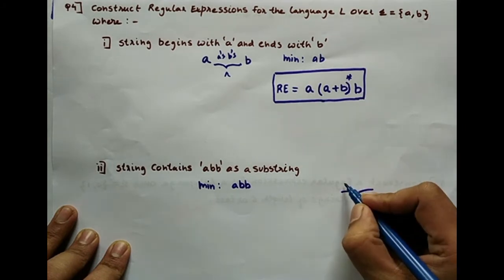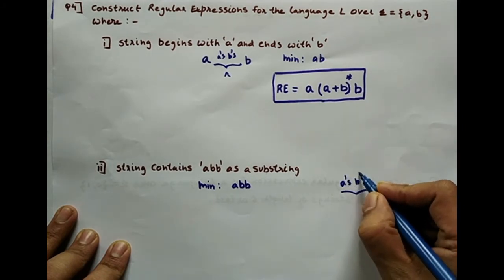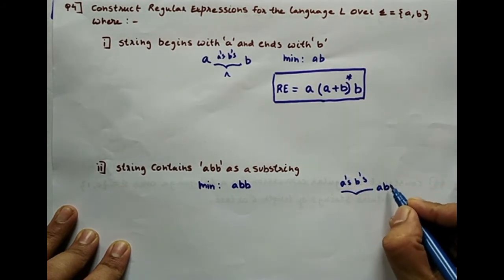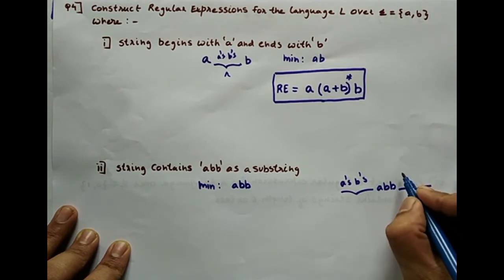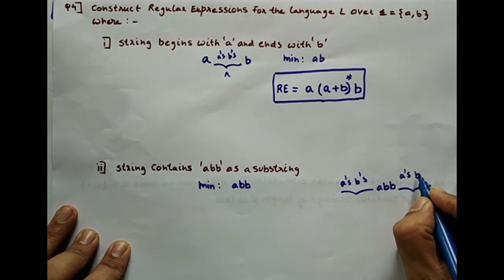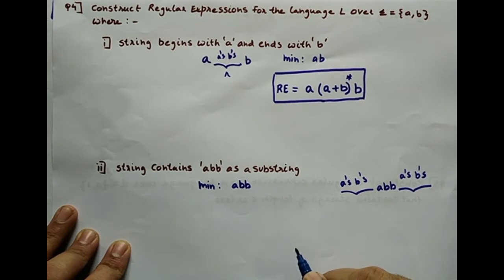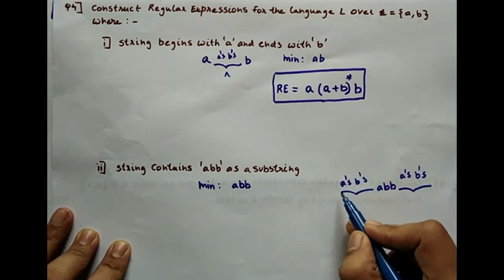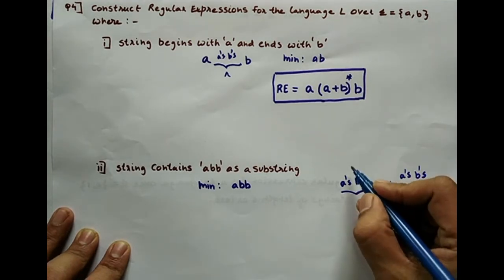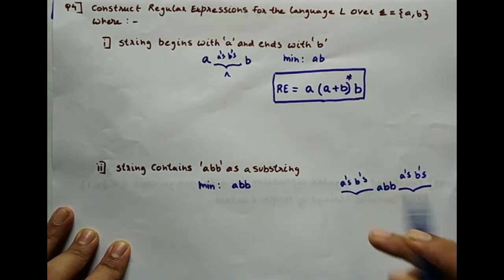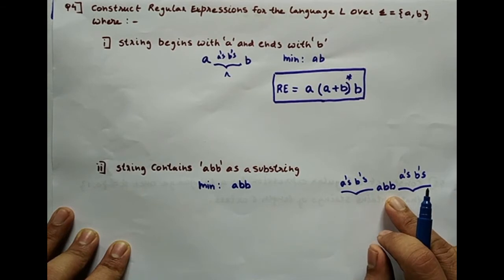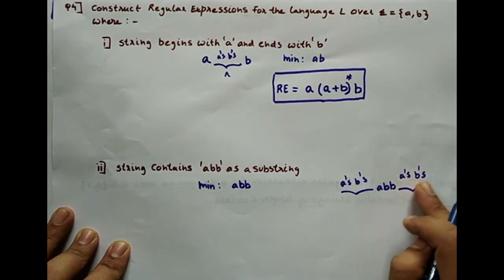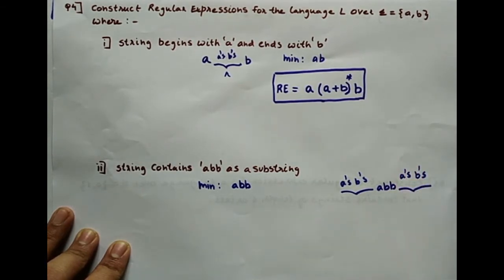So to the left hand side, any combination of a's and b's, then abb is compulsory, and to the right hand side also any combination of a's and b's will do, right? So this is a string. Now when I say any combination of a's and b's, it could be even null. So if this part is null, then abb would be prefix for the string. If this part is null, then abb would be suffix for the string.